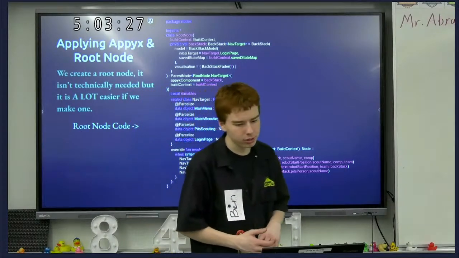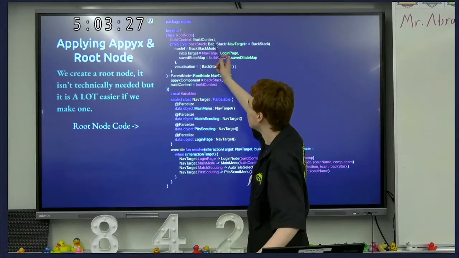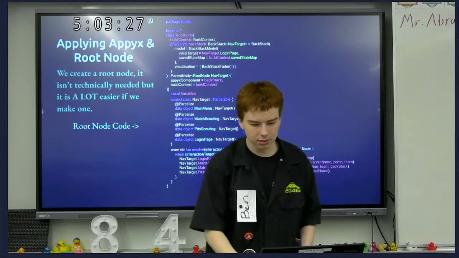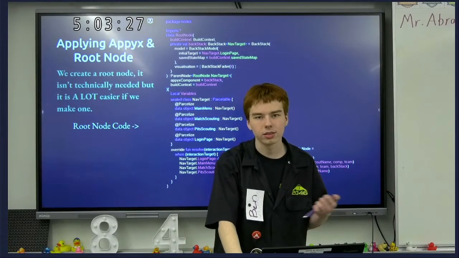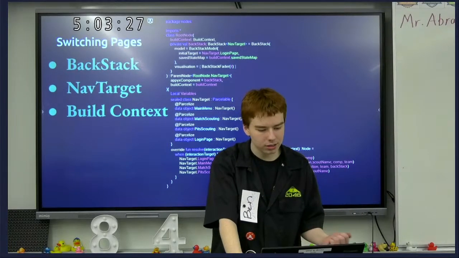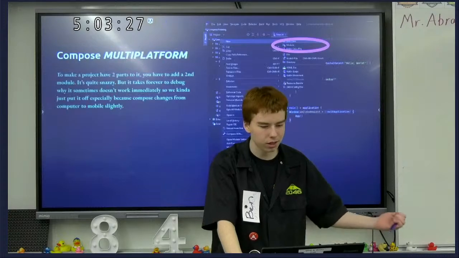That's just generally how we do it. Then you have a backstack model, build context, visualization. A bunch of this stuff is really technical, but once you do it, it's done. Backstack, build context, nav target, blah.